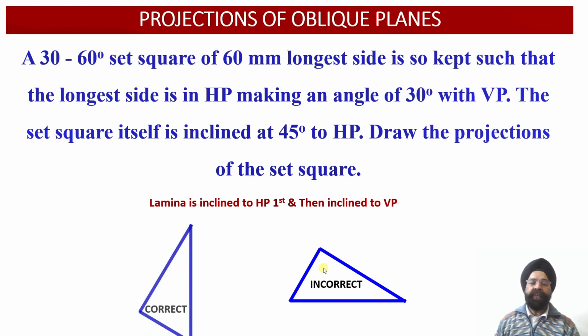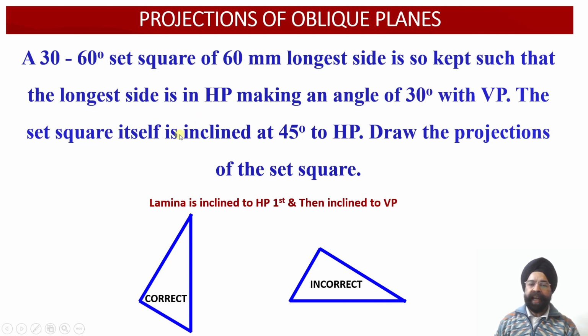Next we can have the orientation of the set square in this manner. If we draw the set square in this orientation, then the front view of this triangular lamina will again be an edge view, and we can incline this edge view either like this or in this orientation.